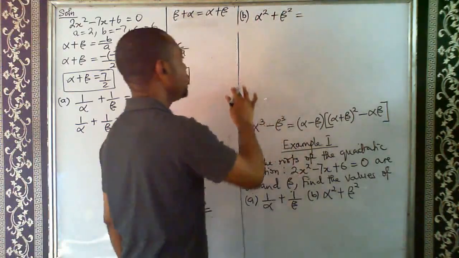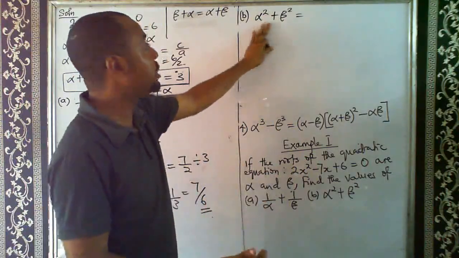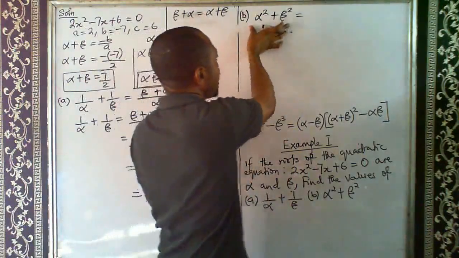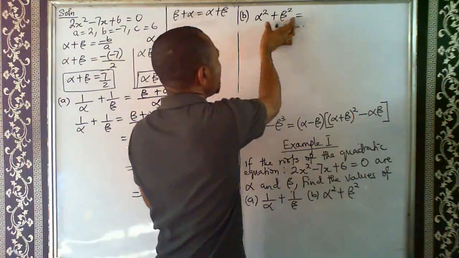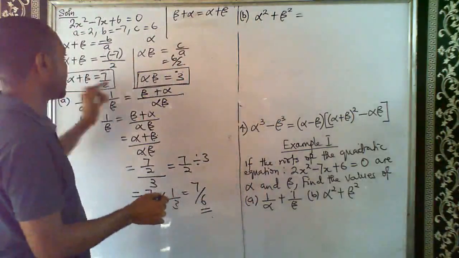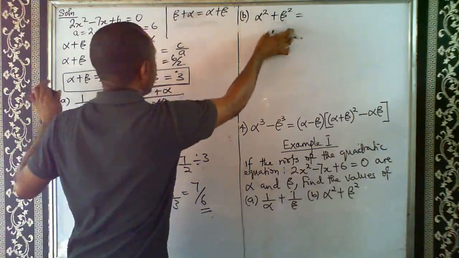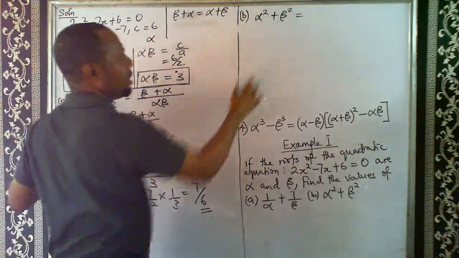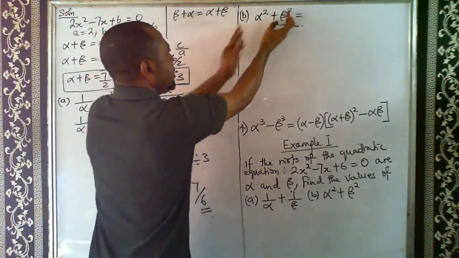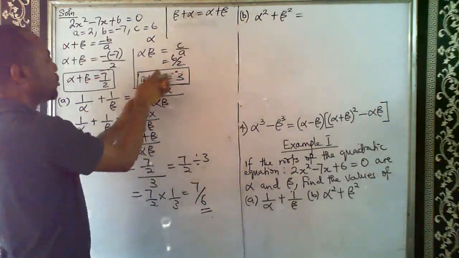We can only use the sum of roots and product of roots to evaluate this when we put this expression in terms of the sum of roots and product of roots. So which other way can we write this? Because we cannot find this. The only things we know the values of are alpha plus beta and alpha beta. And this is not alpha plus beta, and it is not alpha beta either. So I can't find the value of this expression except I transform it and express it in terms of these so that I can substitute the values.